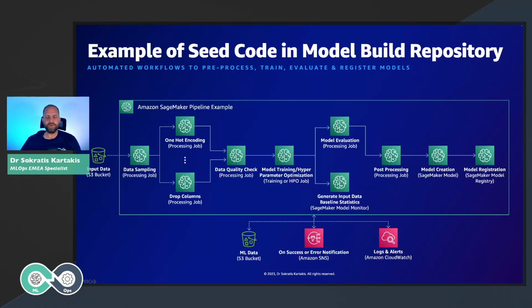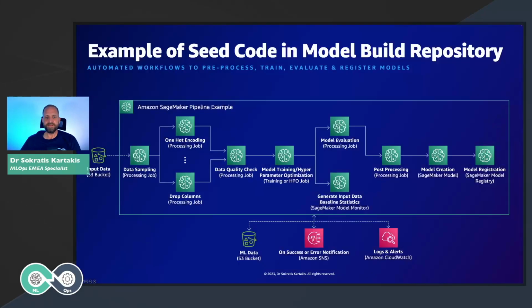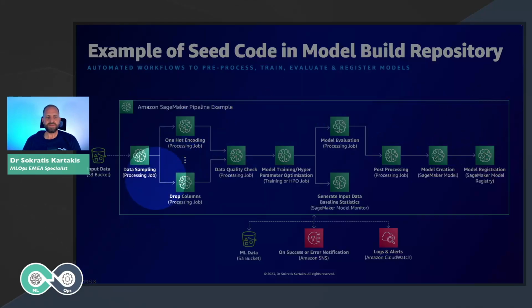So in this example, what we provide in the custom project template is the code that implements this whole SageMaker pipeline. This SageMaker pipeline has, for example, as a first step, the data sampling, different pre-processing steps like one-hot encoding or dropping different columns. Then we have data quality checks. Then we can have model training or hyperparameter optimization.